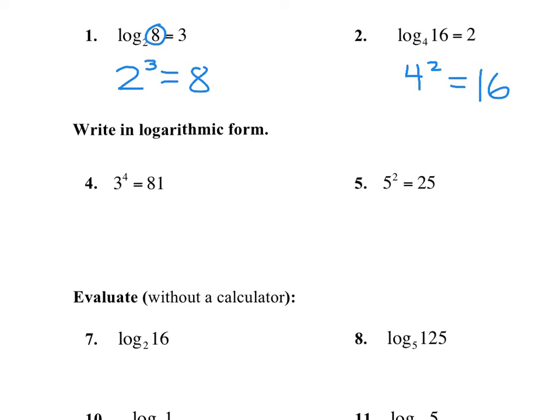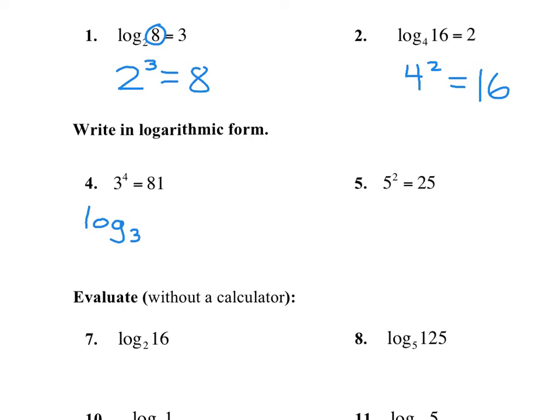Alright, now we're going the other way. It's in exponential form, and we want to put it in logarithm form. So log base. What number is the base? Remember that a base is a number that has an exponent above it. So we write 3. 3 is the base because it has an exponent above it.